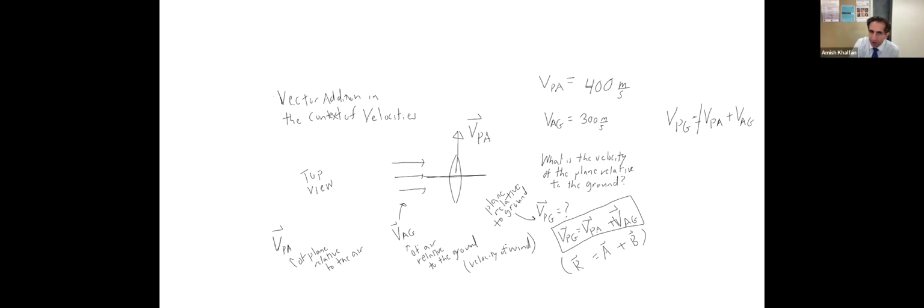Now, notice my notation. It's kind of interesting. If you look at the subscripts of these velocity vectors, you notice that you'll have two subscripts for each velocity vector. And the inner labels here are A, right? But those inner labels don't appear on the opposite side, but the outer labels P and G appear, right? And it's true in general.